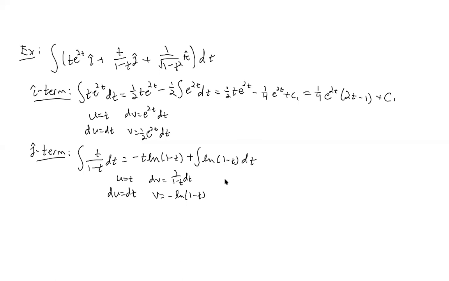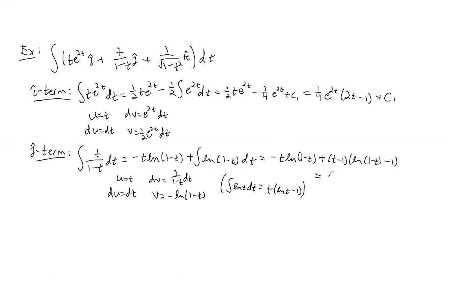But it turns out that the integral of ln t dt just becomes t times (ln t minus 1), in which case this whole thing would become negative t ln(1 minus t) plus, in this case, (t minus 1) times ln(1 minus t) minus 1.